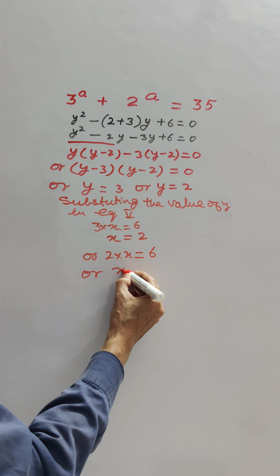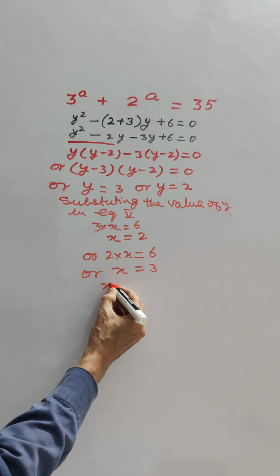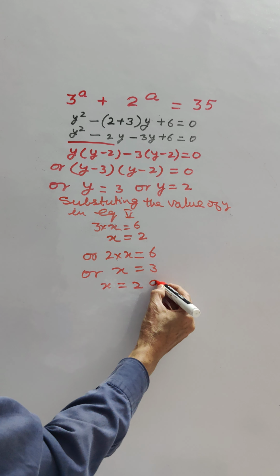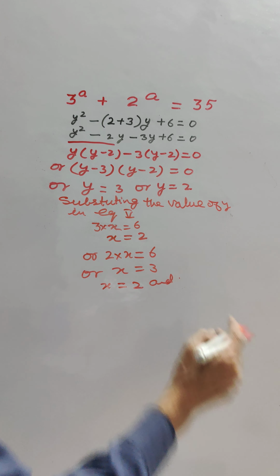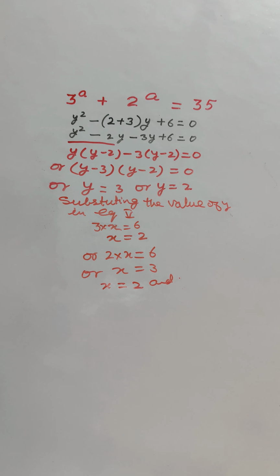So there are two values of x also. First is x is equal to 2, and the other x is equal to 3. Now we substitute the values in x and y.